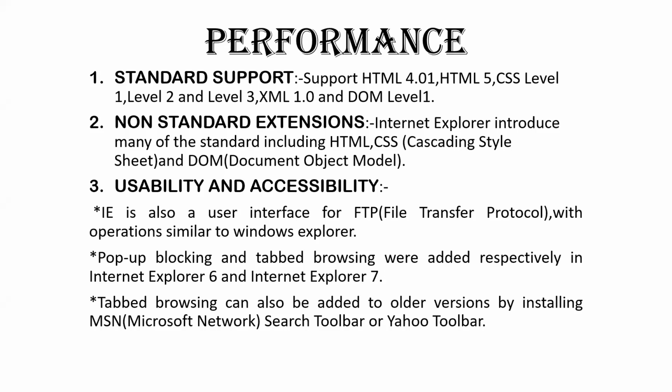Usability and accessibility. Internet Explorer has a user interface for FTP, that is file transfer protocol, with operations similar to Windows Explorer. Pop-up blocking and tab browsing were added in IE6 and IE7 respectively. Let me tell you what is pop-up blocking.